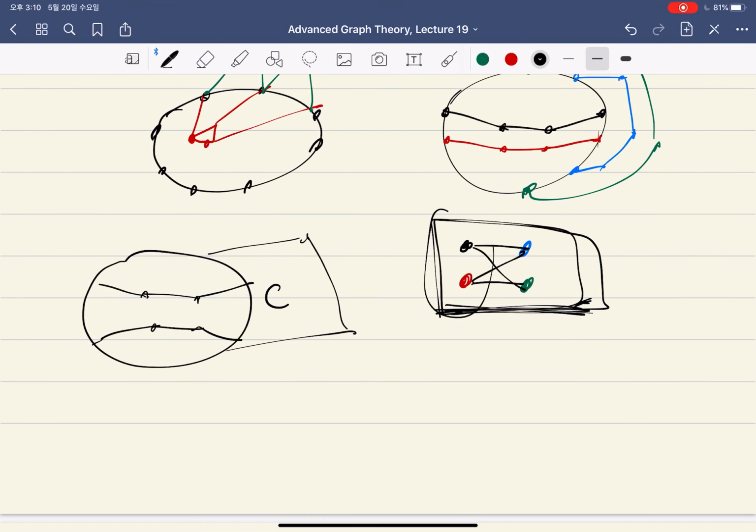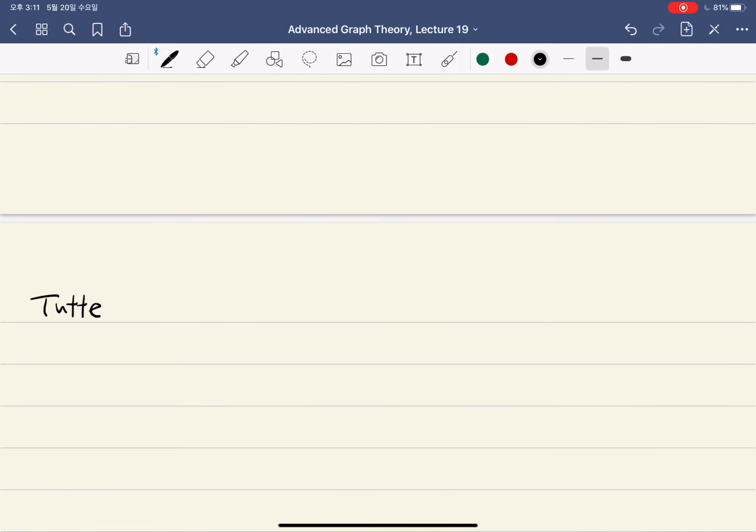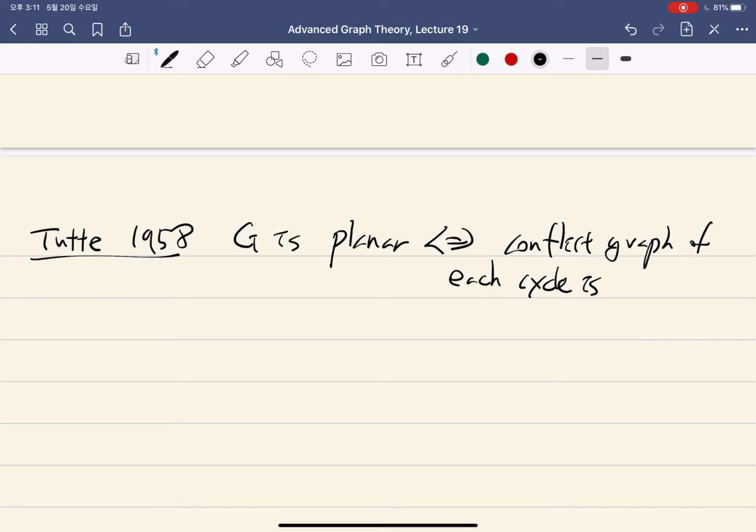We put every vertex which comes from the fragments inside C here, and all the fragments which are outside here, and that's a bipartition. Actually, in 1958, Tutte proved that G is planar if and only if the conflict graph of each cycle is bipartite.